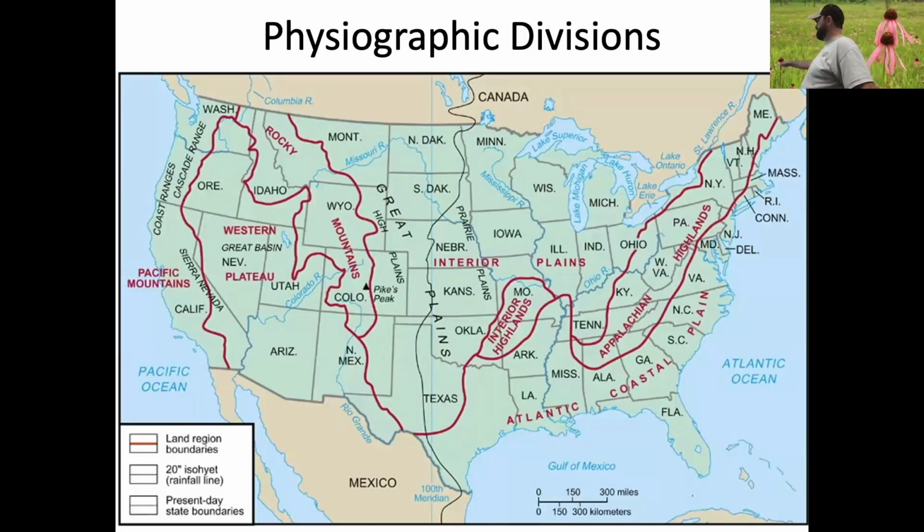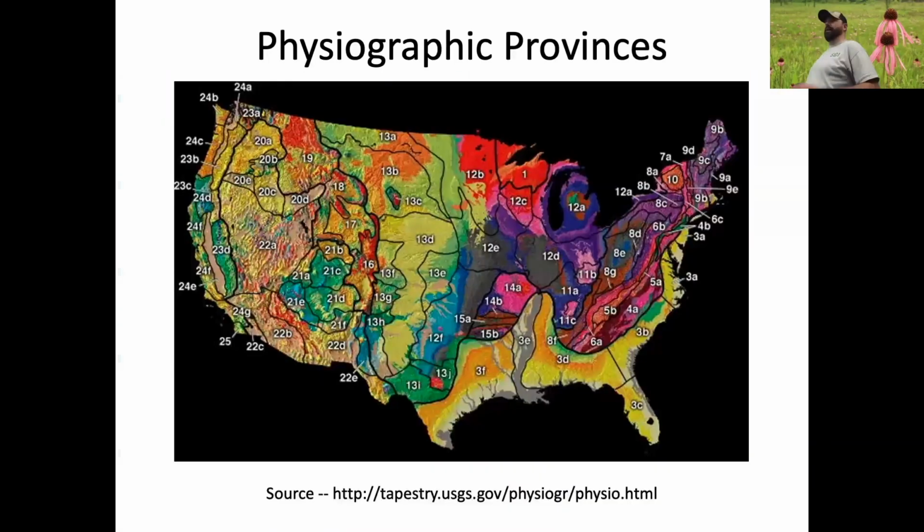I want you to focus on the interior highlands right here. That's a division. If we were to group it at a finer level, below divisions is the physiographic province level. Then what you'll notice is that those with the number 14, that's the Ozark Plateau Province, versus number 15, the Ouachita Mountains Province.